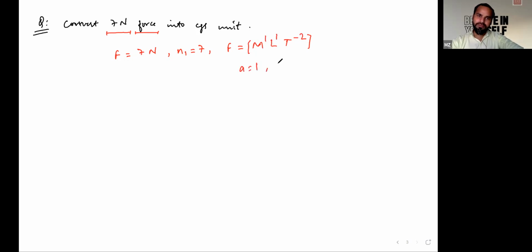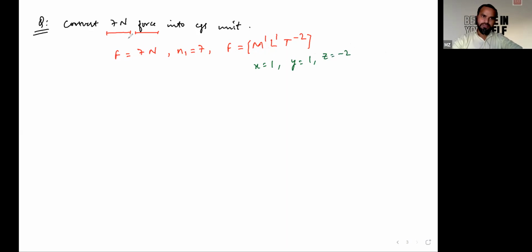Similarly, the power of L is nothing but 1, so it would be b. And you can relate it with x, y, or z as well. Exponent of M is 1, exponent of L is 1, and exponent of T is minus 2.